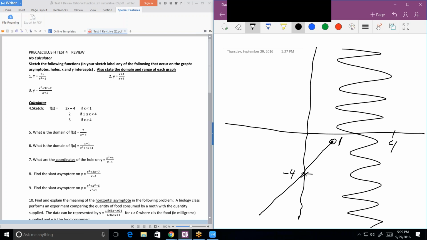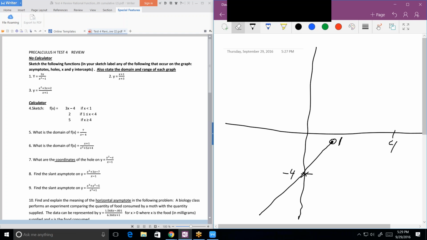What's the graph in that area according to the function? It just says 2, so shouldn't it just be a straight line? Horizontal line. Make sure you know the difference: horizontal lines are y equals a number, vertical lines are x equals a number.